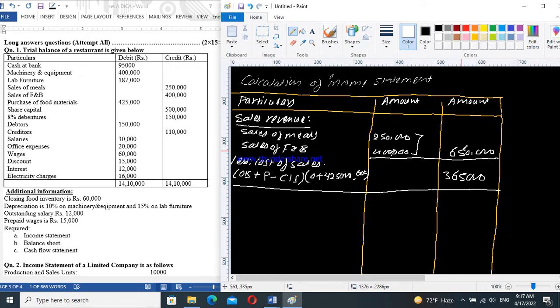Less this from 6,50,000 and the value comes over here.